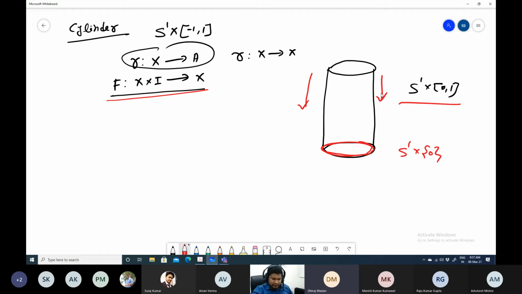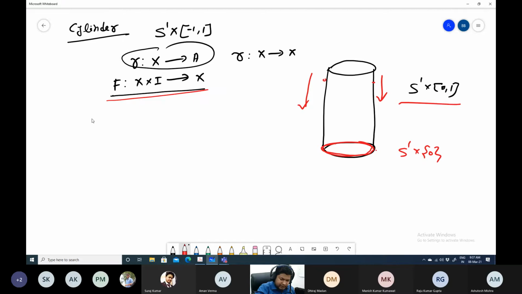Right, so that means you can deform in this way. That is the main purpose. At stage 0, everything will be the identity, and at stage 1, when t equals 1, everything goes to this one only.